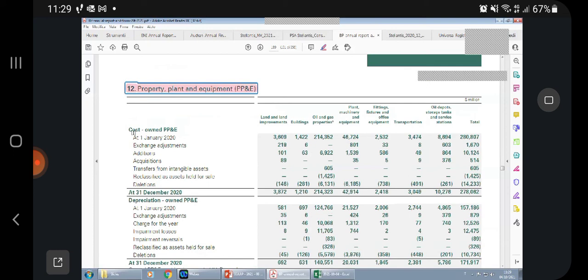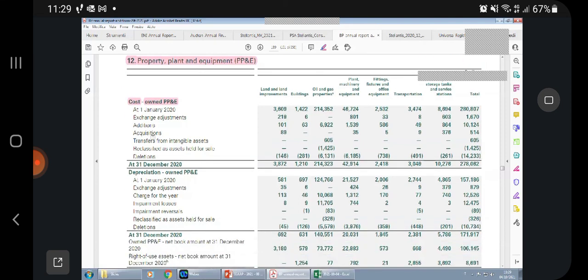Look at the description. This is the description of the cost, but only of the property, plant, and equipment owned. So these are the property and plant and equipment owned directly by British Petroleum. The same for the depreciation.